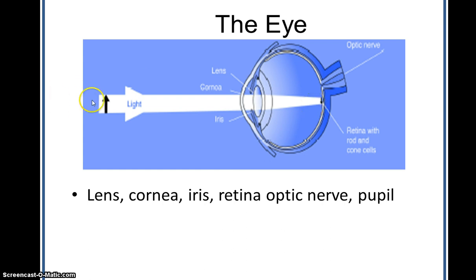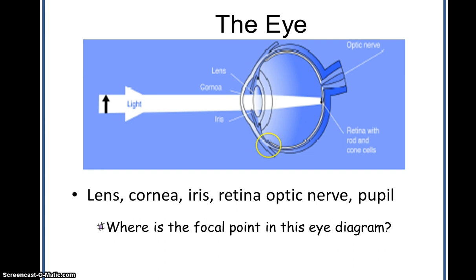So you can see here is the actual object, and the light reflects off of that object, and it goes through the cornea, through the pupil, through the lens, and all of that refraction takes place. And the next thing you know, the image is on the retina and it's upside down. And then that image is sent to the brain for our interpretation.